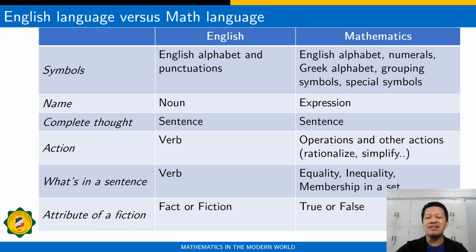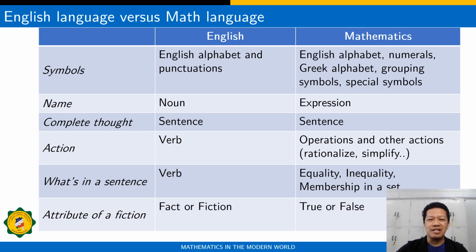The noun in English is actually the expression in mathematics. The one with a complete thought is called a sentence both in English and in math. And we have the action word, we call it verb in English. In mathematics, we call them the operations and other actions, like you have to rationalize, you have to simplify, you get the square root. And what's in a sentence?